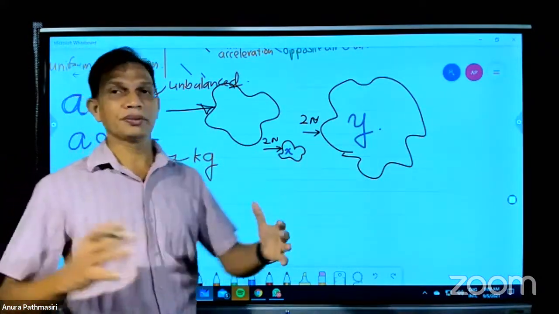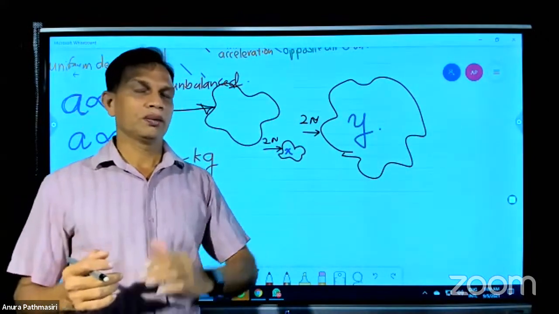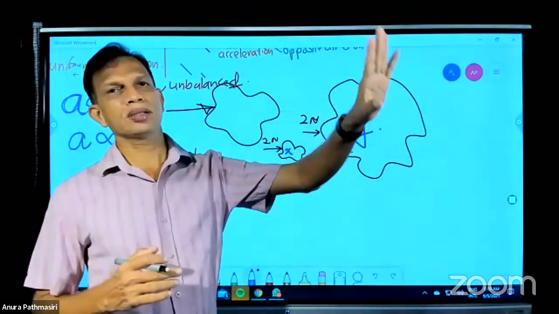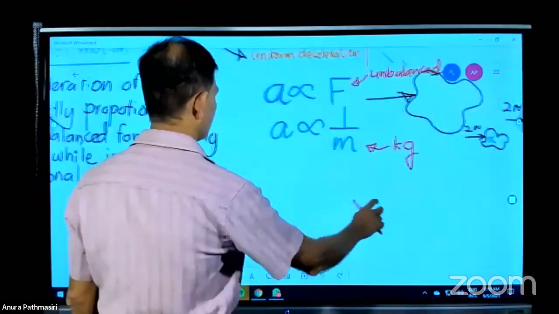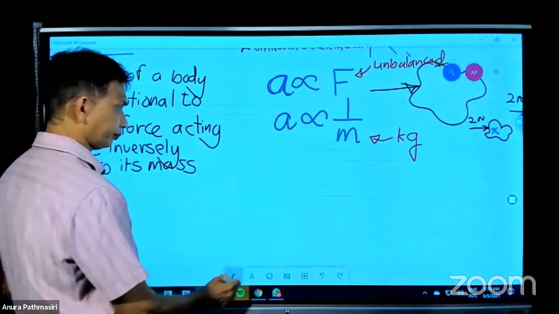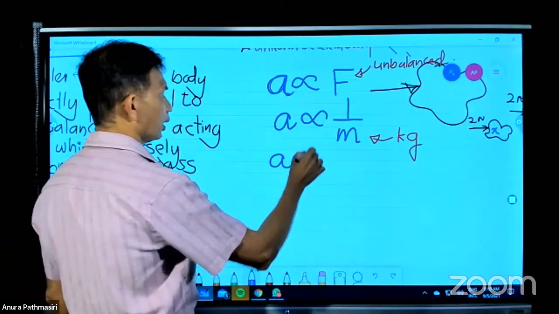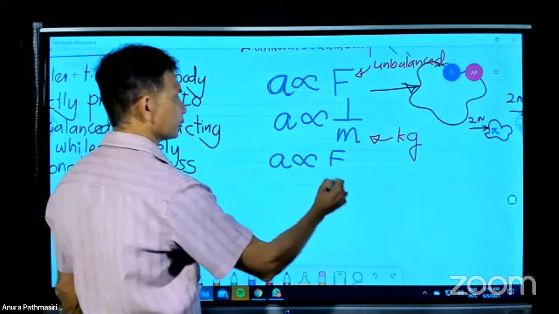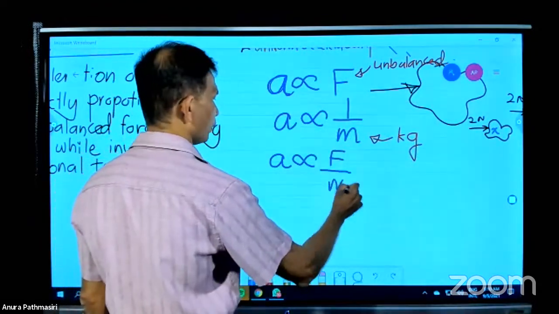When the mass is very high, acceleration is low. When the mass is very low, acceleration is high. So now we have the question. From there we can say acceleration is directly proportional to the unbalanced force applied and inversely proportional to the mass of it.